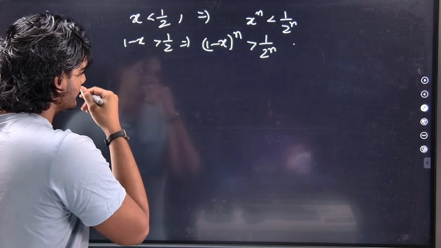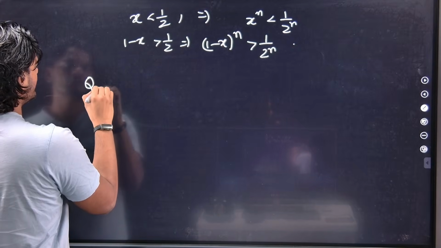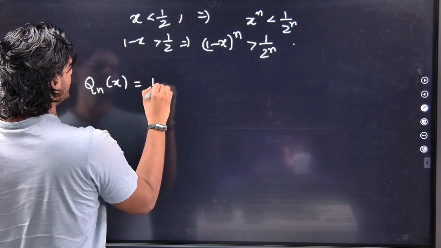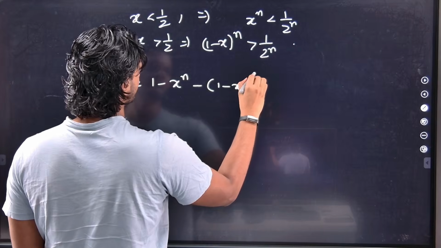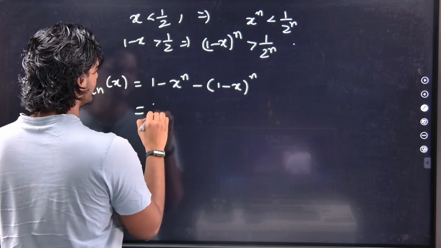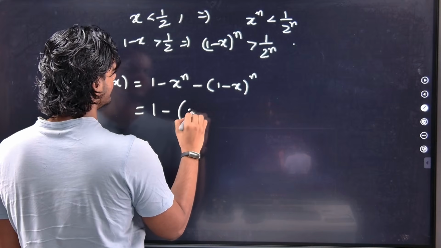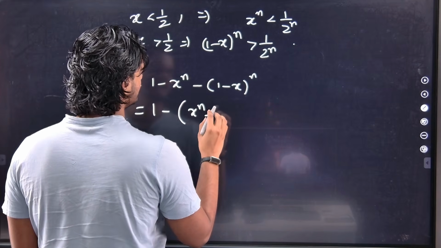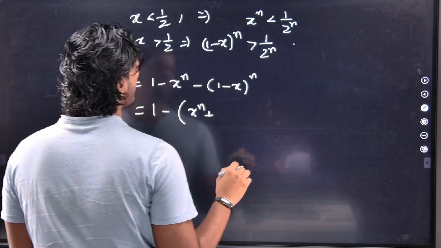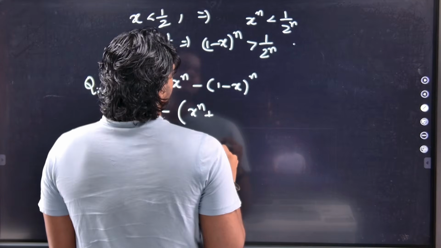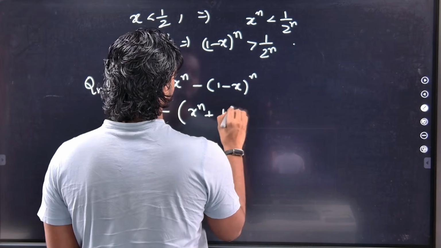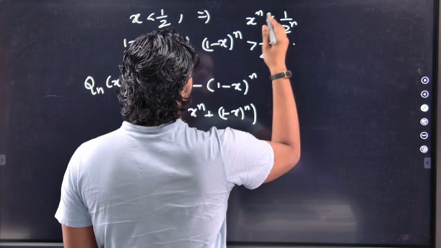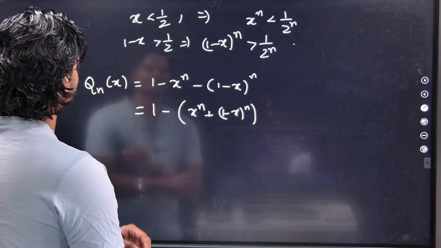So Qn of x is 1 minus x power n minus 1 minus x whole power n. How do I add these two?